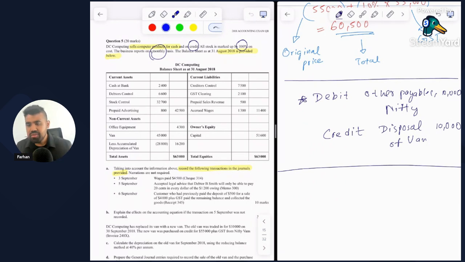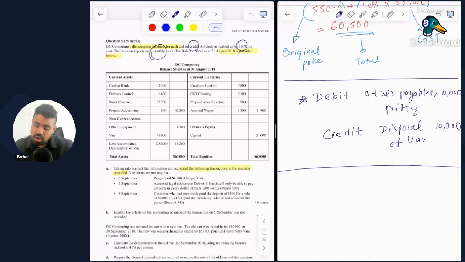In many circumstances, you could get arrangements where you are making the payment for cash entirely, and on that basis, the things would change, right? So what's happening here is that we are reducing our obligation by $10,000 by giving our old van. So we are debiting other payables with Nifty by $10,000, and this needs to be recorded in the disposal of van account, which means you have to credit the disposal of van account by $10,000.